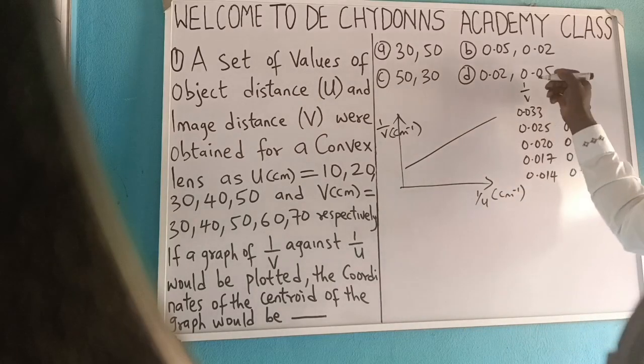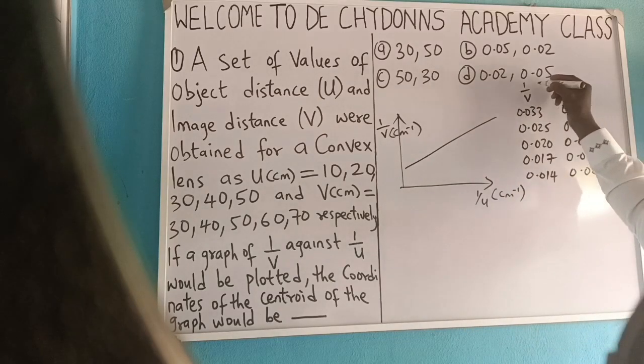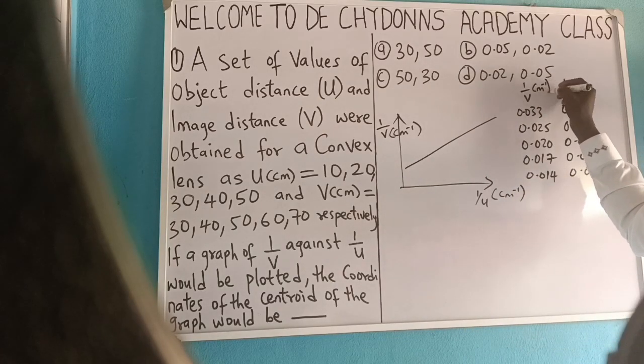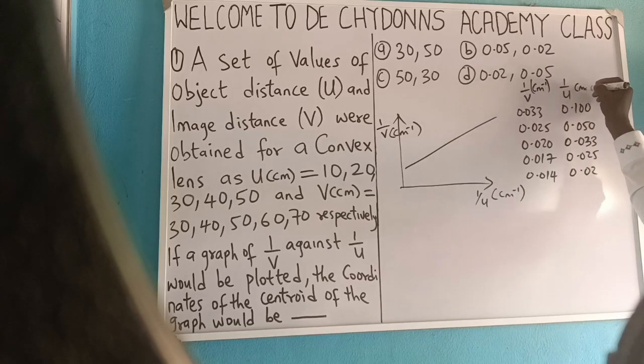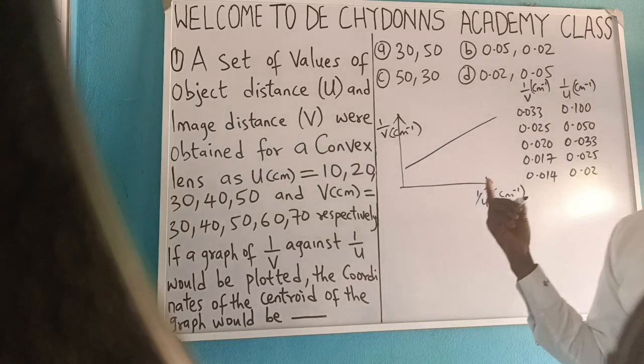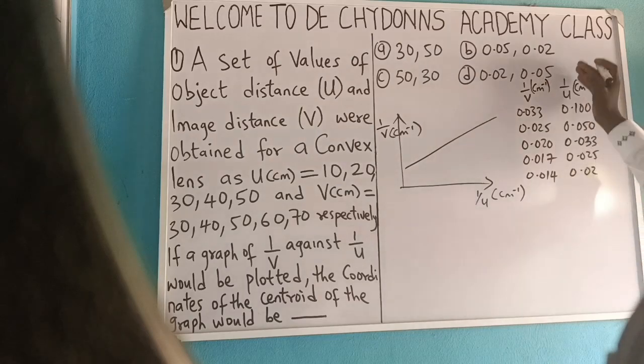So we have gotten 1 over v and 1 over u. The unit is per centimeter.